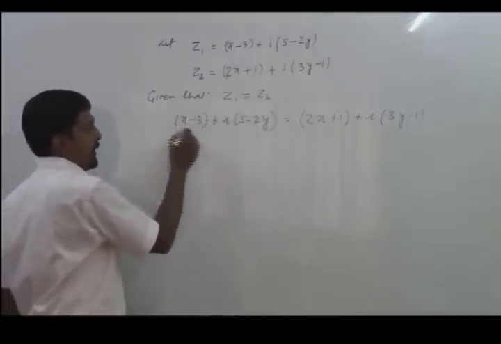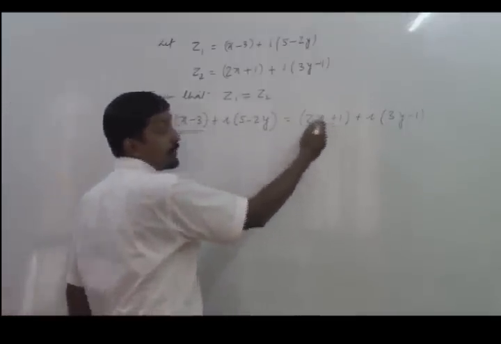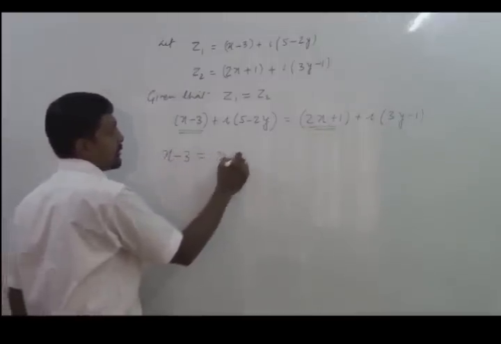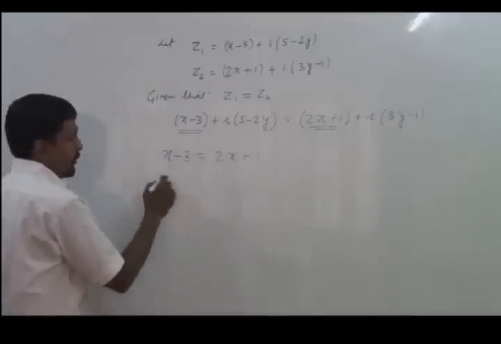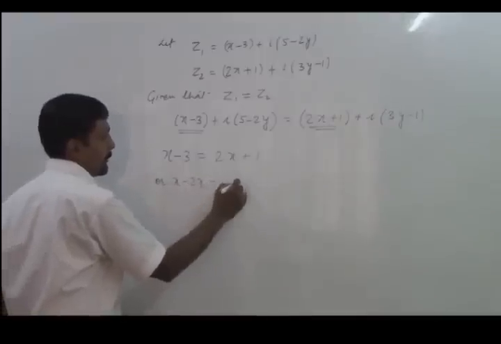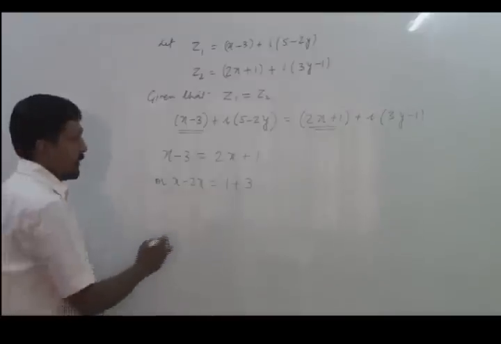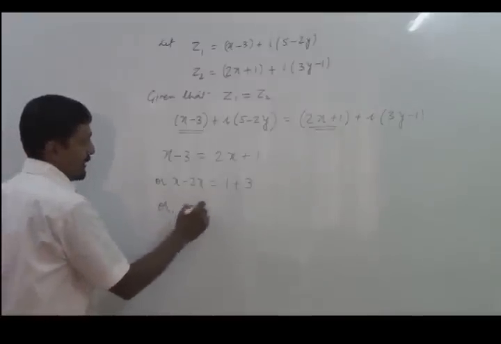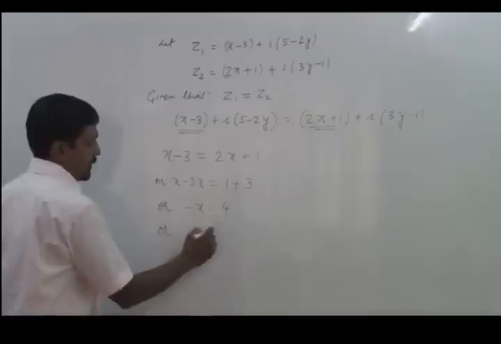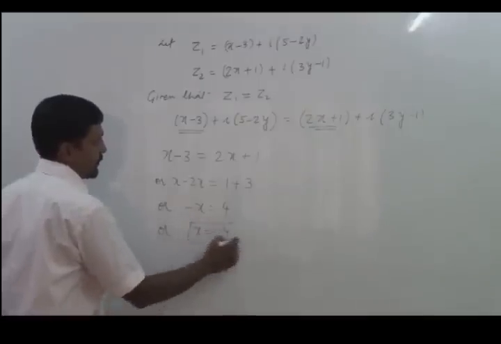Comparing the real parts, x minus 3 equals 2x plus 1, or x minus 2x equals 1 plus 3, or minus x equals 4, or x equals minus 4.